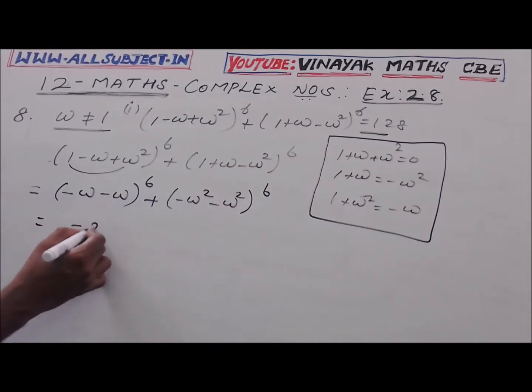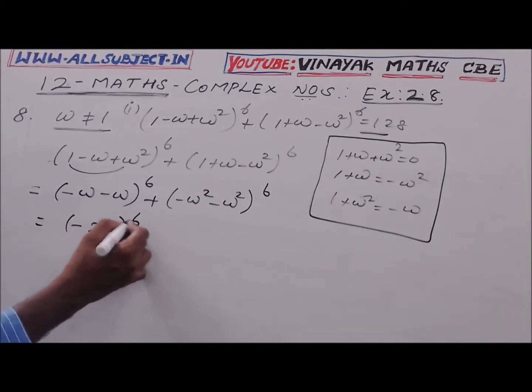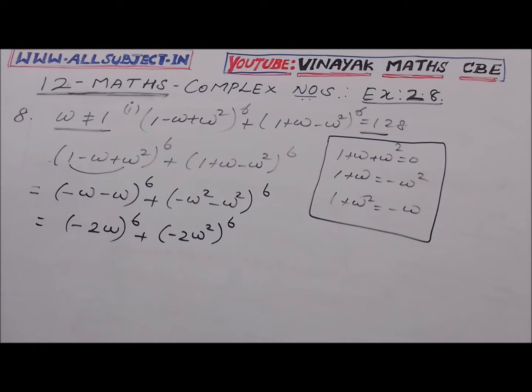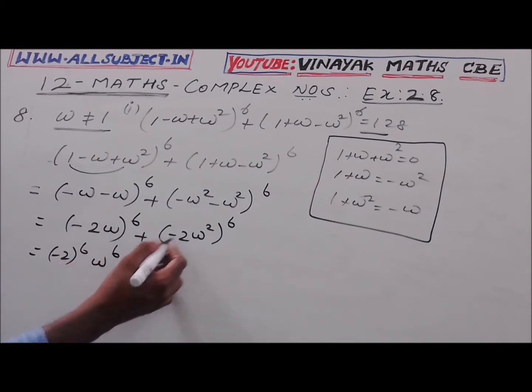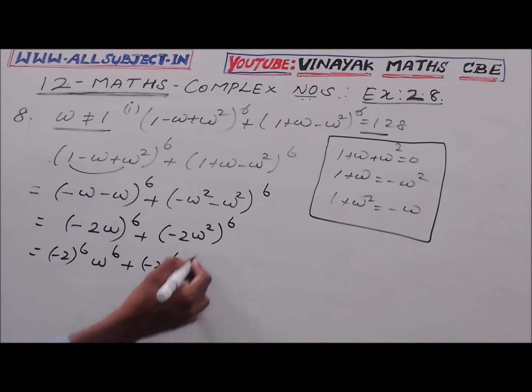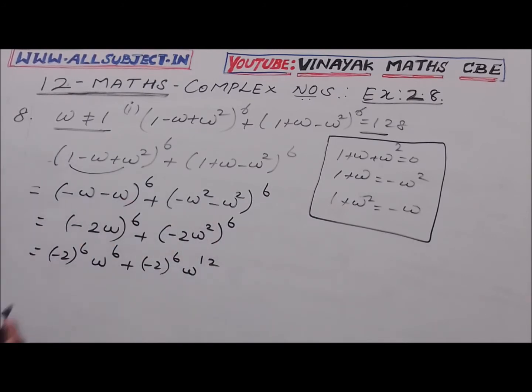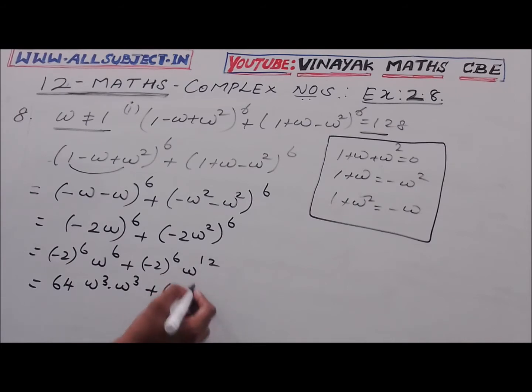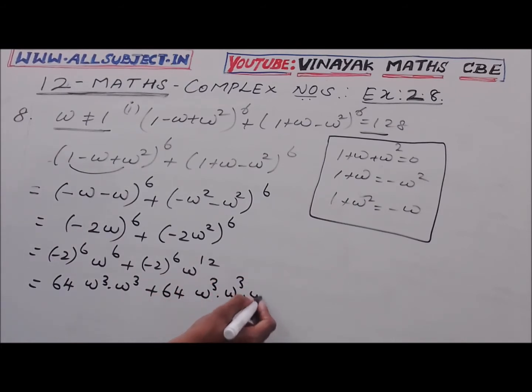This is equal to (minus 2 omega) whole power 6 plus (minus 2 omega square) whole power 6. Now separating the power, minus 2 power 6 means plus 2 power 6, into omega power 6, plus 2 power 6 into omega power 12. 2 power 6 is 64, into omega cube into omega cube, plus 64 into omega cube four times.